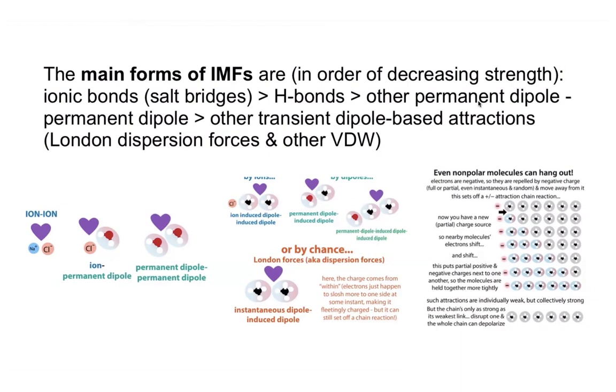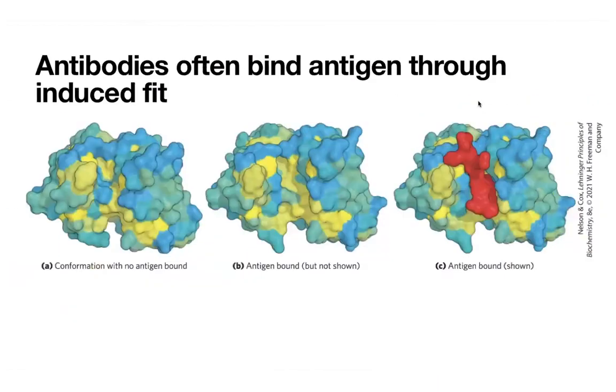And we have to consider the interactions between the solvent and the binding partners, as well as between the solvent molecules themselves. When antibodies bind to the antigen, it's often through this thing called induced fit, where the antigen binding site isn't fully exposed or developed until the antigen actually binds it.